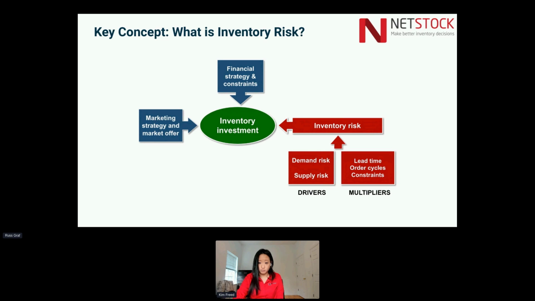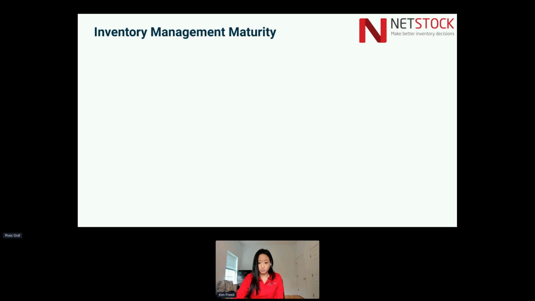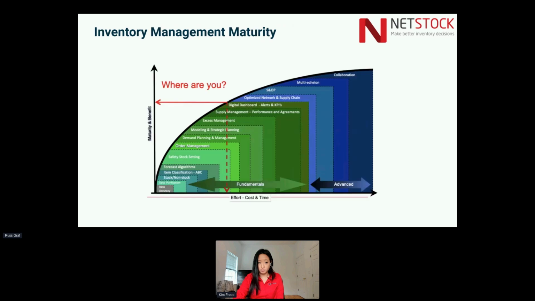Again, the challenges that we're seeing today with lead time performance in our suppliers, et cetera. And so we've got an awful lot of challenges there that all impact that ultimate decision as to what our inventory investment should be.